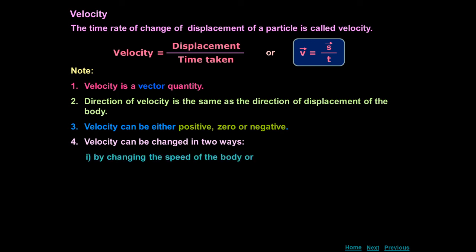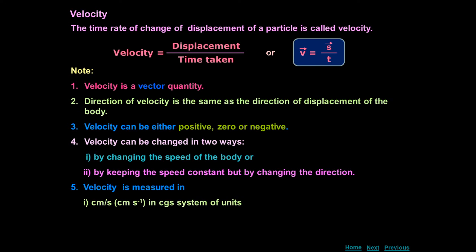How can velocity be changed? Velocity can be changed by changing the speed of the body, or by keeping the speed constant but changing the direction. So there are two methods to change the velocity: by changing the speed or by changing the direction.